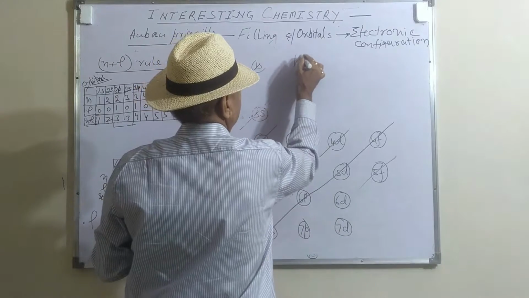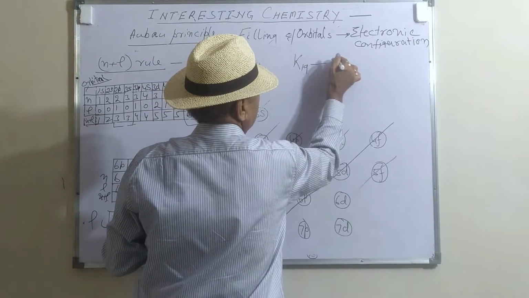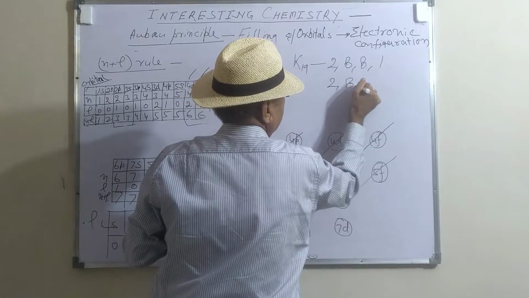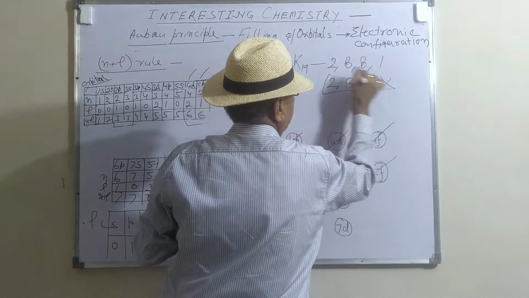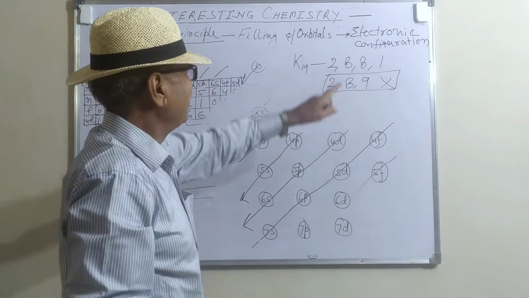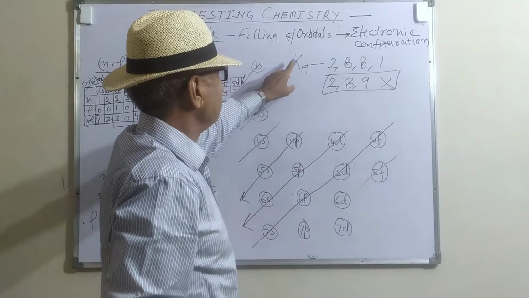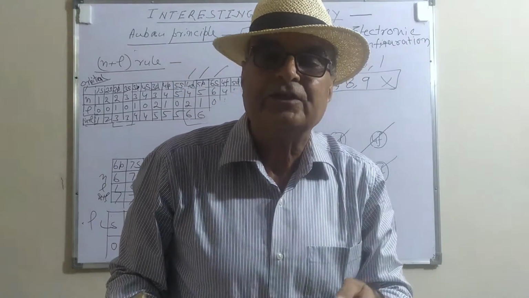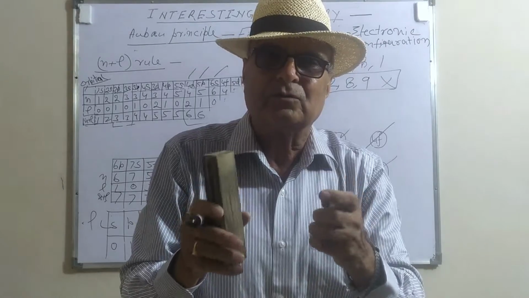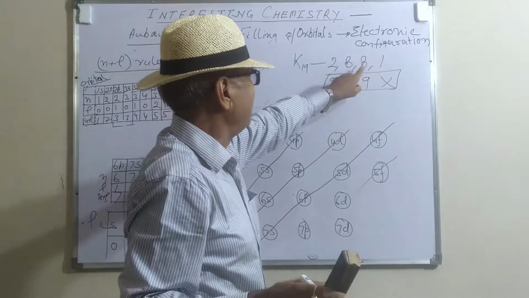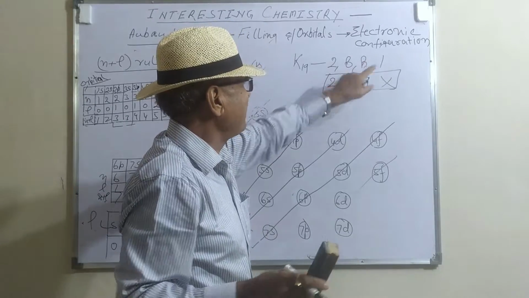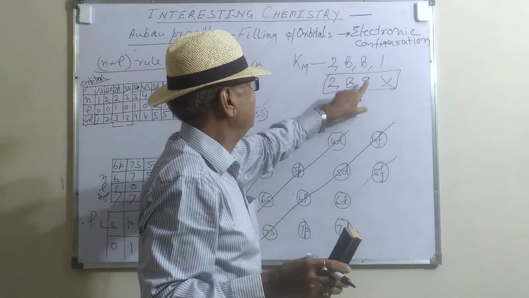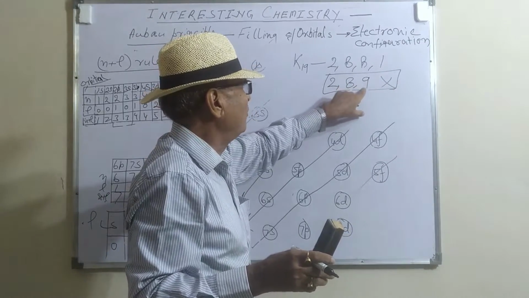This is potassium, atomic number 19. You may have written 2, 8, 8, 1. We told you in the ninth class that the electronic configuration of potassium is 2, 8, 8, 1, and you asked that the maximum capacity of the third shell is 18, so why doesn't the 19th electron enter the third shell to make it 9?